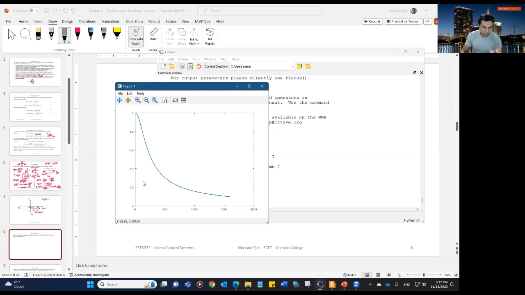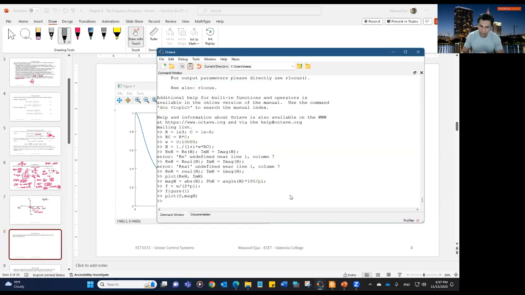So it compresses all the values on the low side. If your low pass filter cutoff frequency is, let's say, 300, 400 hertz or whatever, then it is hard to see what is the action that is happening at the low frequency. So most of the time, we take the x-axis to be in the logarithmic scale.